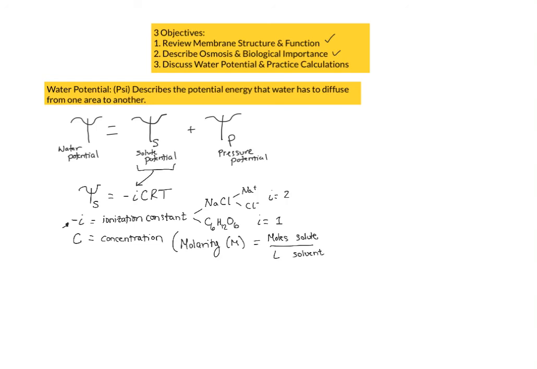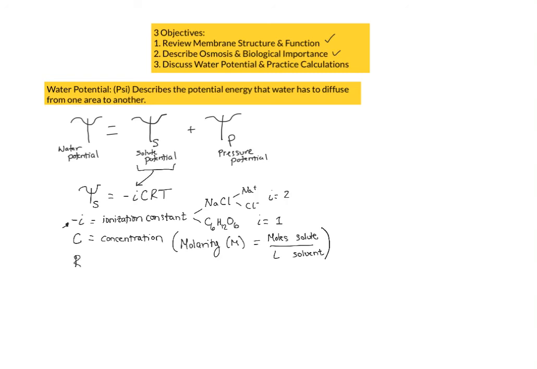Now, we're not going to have to calculate molarity often in this class, but if you haven't taken chemistry, the main takeaway is that concentration is a ratio of solute to solvent, the amount of solute compared to the amount of solvent, which is always water 99.9% of the time in biology. Okay, so that's our concentration.